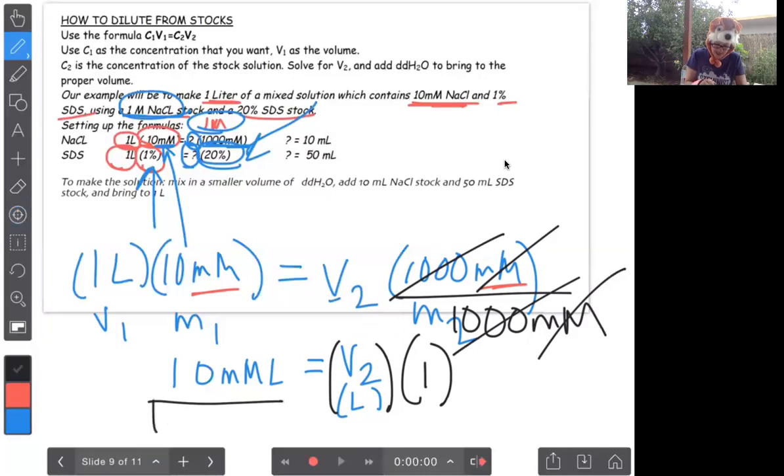So then if we divide this side by 1,000 millimolar, what happens? Millimolars go away, right? We get to cancel that. And the 1 liter that we're left with divided by 1,000 millimolar, which is what?